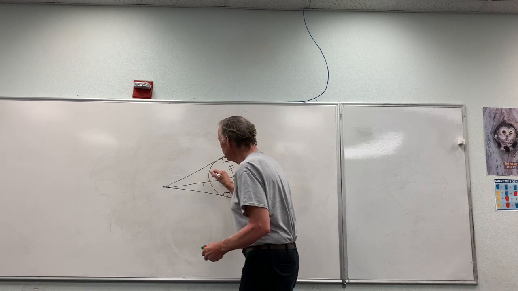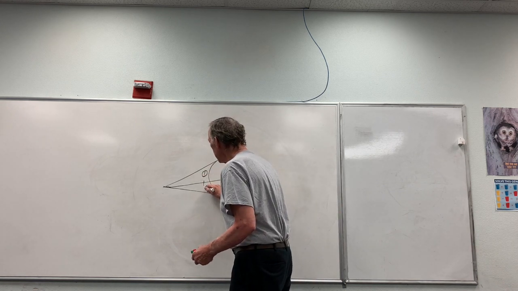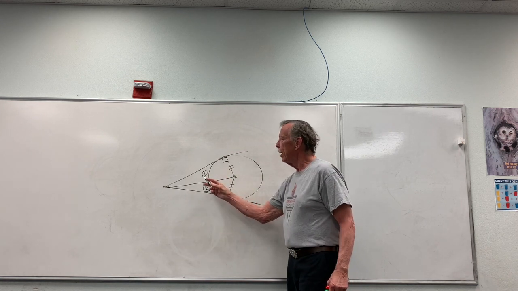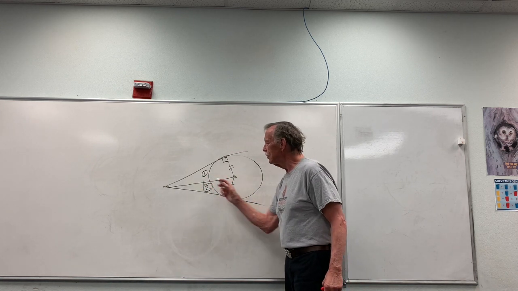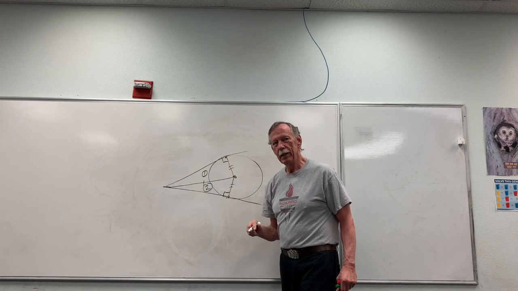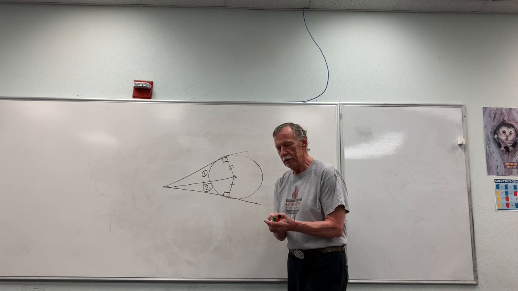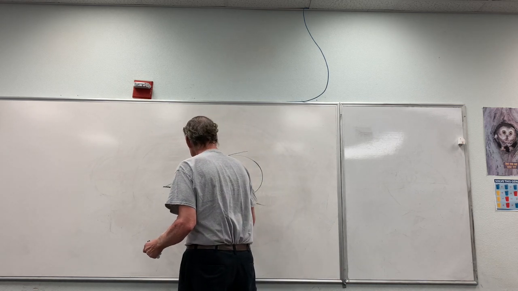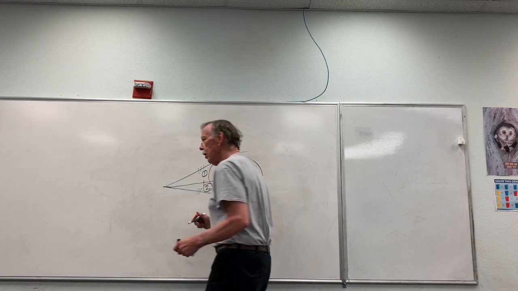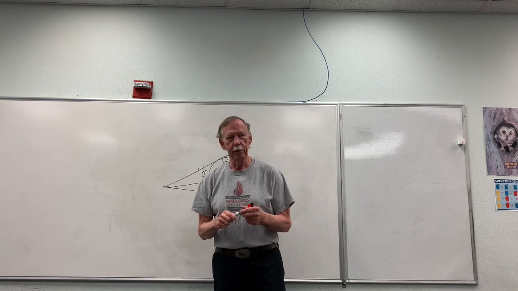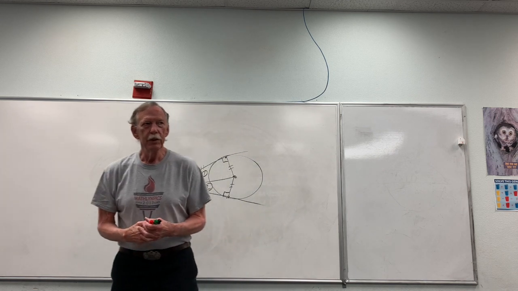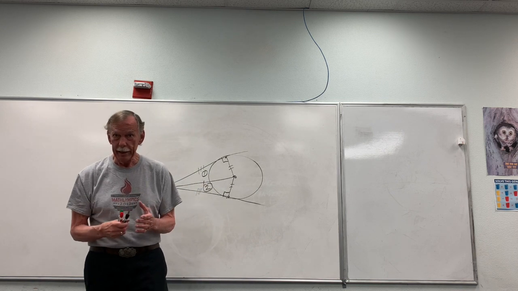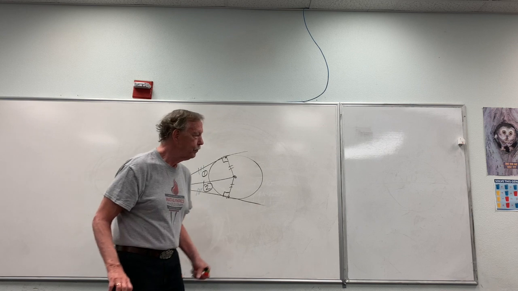That makes triangle 1 congruent to triangle 2, hypotenuse leg. And that tells us that these two tangents are equal in length. This gives rise to a couple of problems that you're very likely to see on tests.